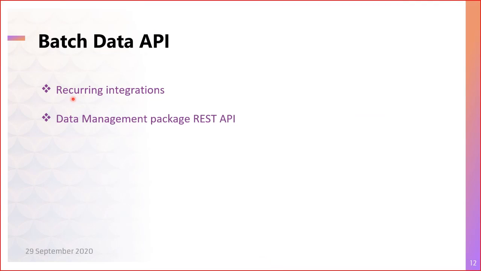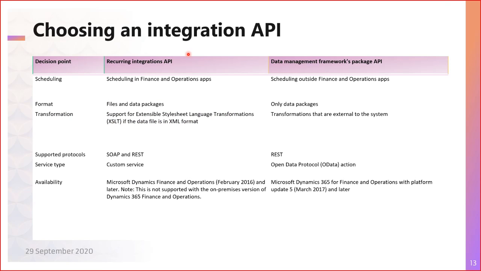Now, if we're going back to this one, the data management package REST API, this is another way of doing the integration, using this second option for batch data API. If we talk about what we will be choosing between these two: if you talk about recurring integration, if you want to schedule something in finance and operations, this is the option you are looking for. Formats available, as we saw, are files and data packages.